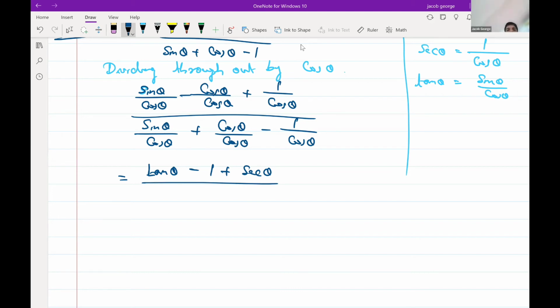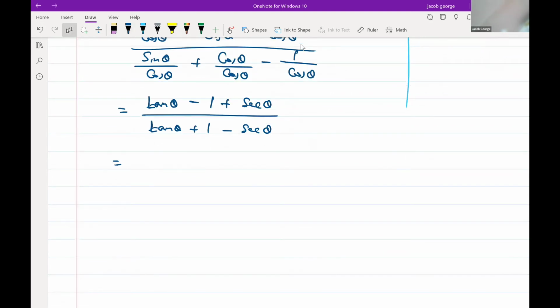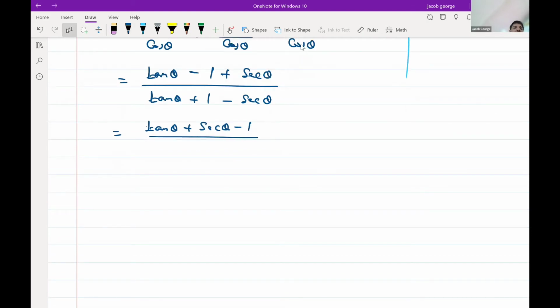The denominator is also the same: tan theta plus 1 minus sec theta. Okay? That will be tan theta plus sec theta minus 1 upon tan theta minus sec theta plus 1.